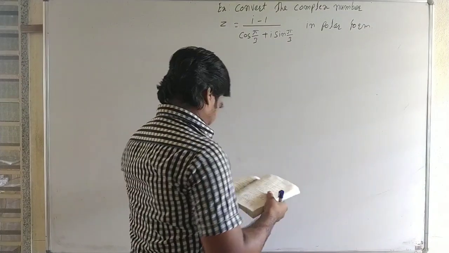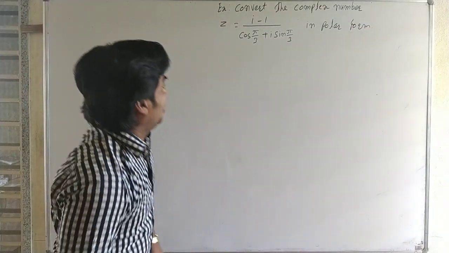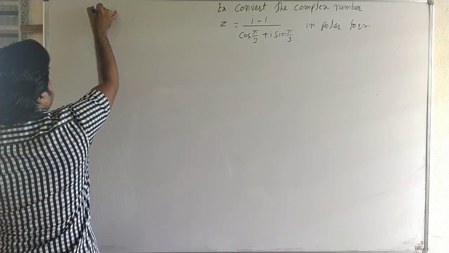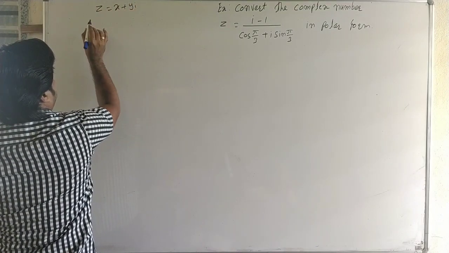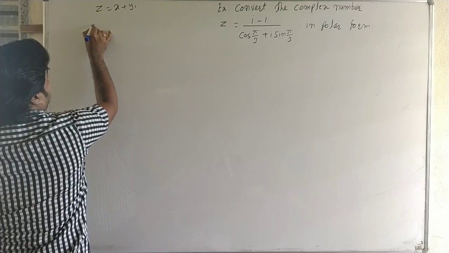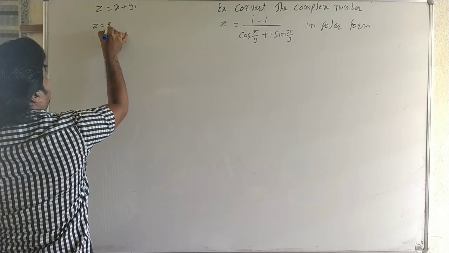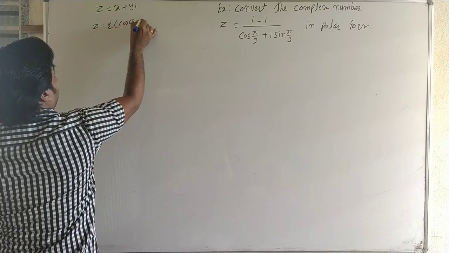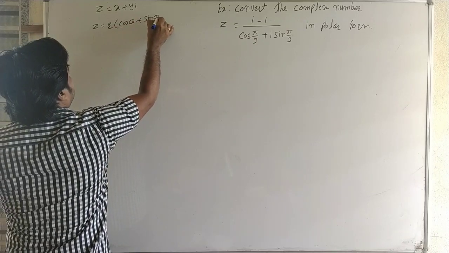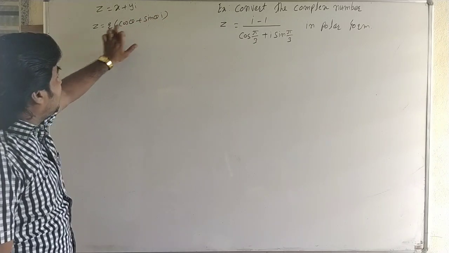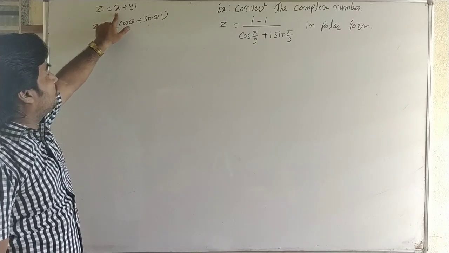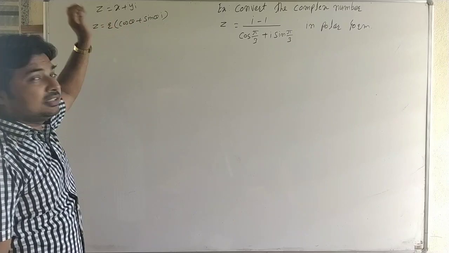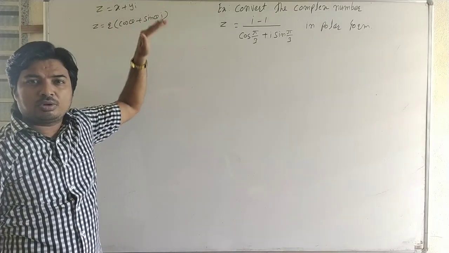Here we know that if z is equal to x plus yi, then the polar form is z is equal to r into cos theta plus i sin theta, where r is the modulus and theta is the amplitude of the complex number. R is under root of x square plus y square and theta is tan inverse of y by x.